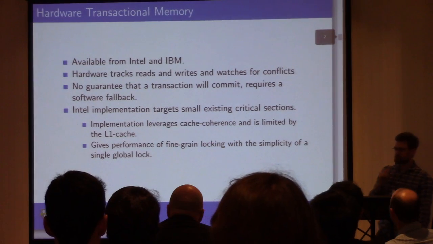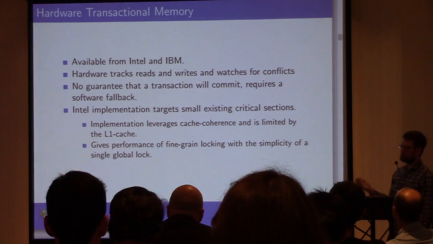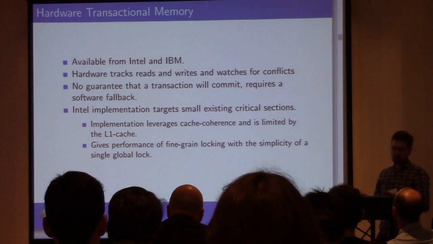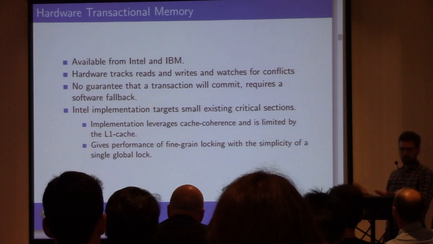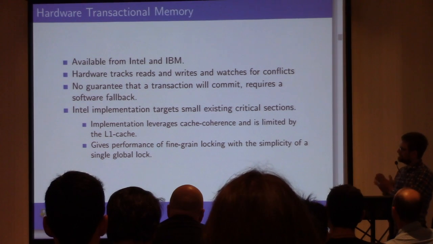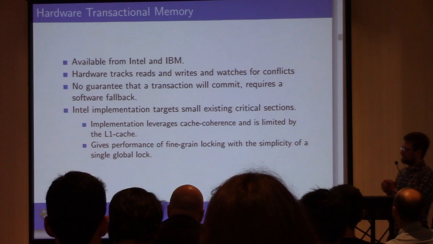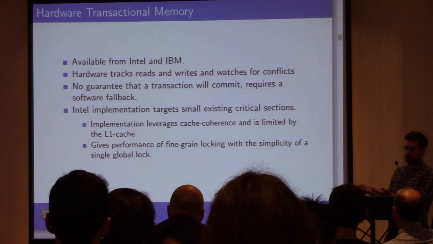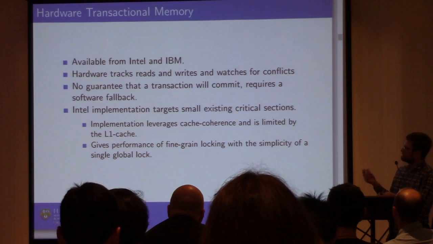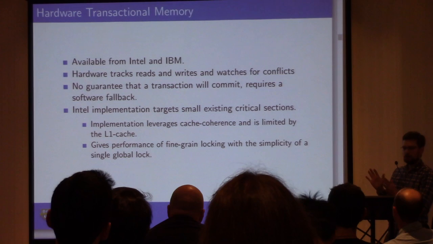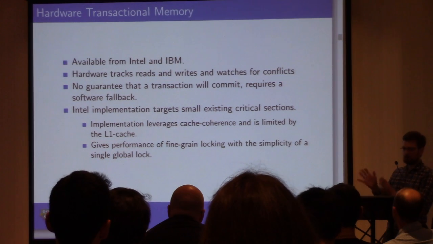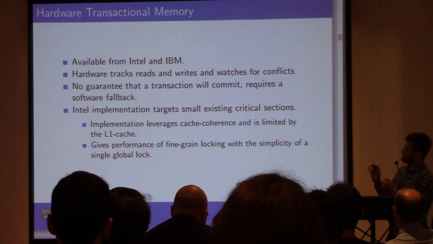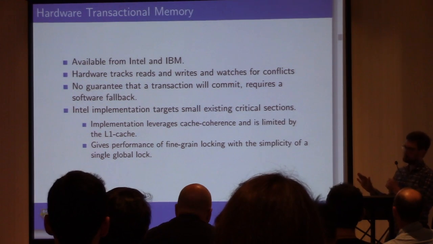So what is hardware transactional memory? The original transactional memory idea was to have hardware support for this. Now that finally has been realized, and we have machines from IBM and Intel that have hardware transactional memory support. Generally, they punt on the hard problem and just solve the easiest possible hardware transactional memory problem they can, so you still have to have a software fallback of some sort.